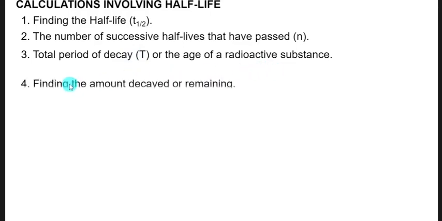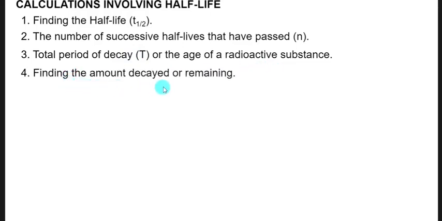Then number 4, finding the amount decayed or remaining. So these are the things that we do in half-life.